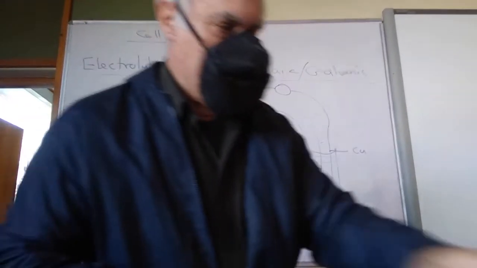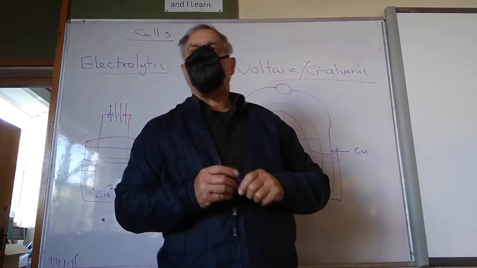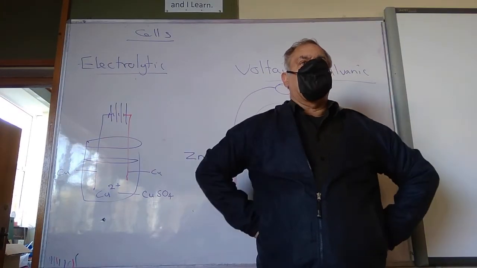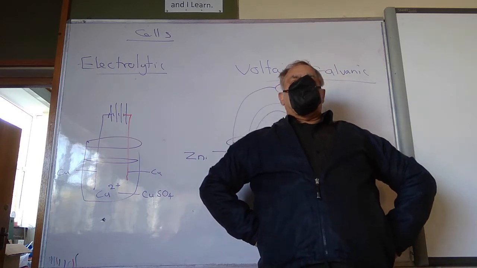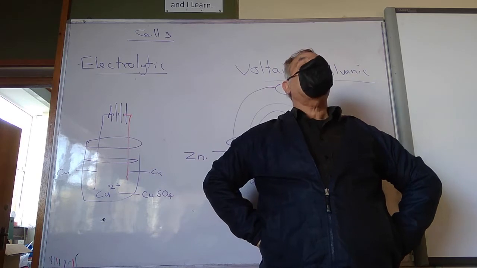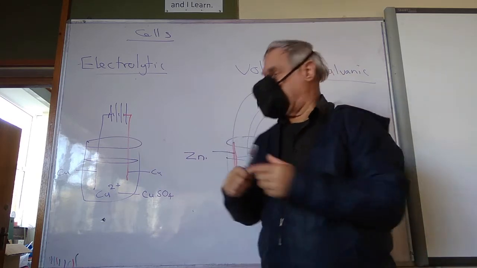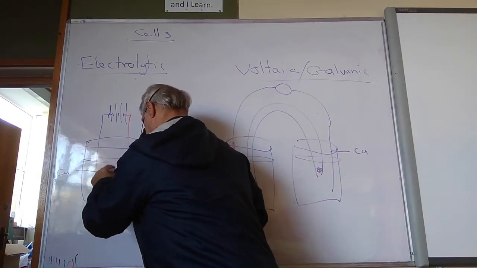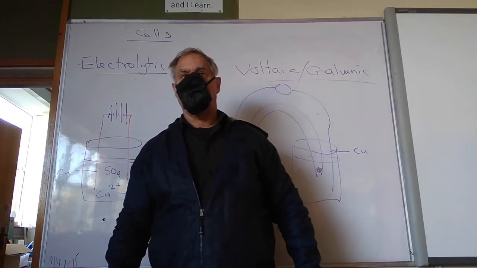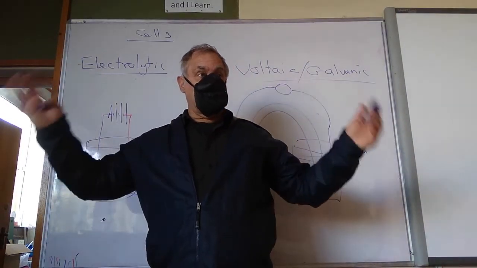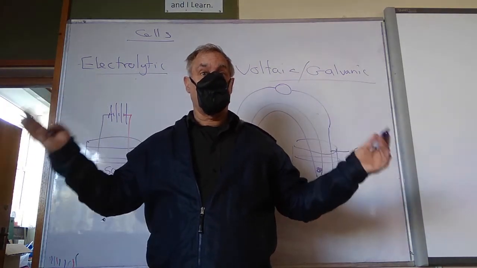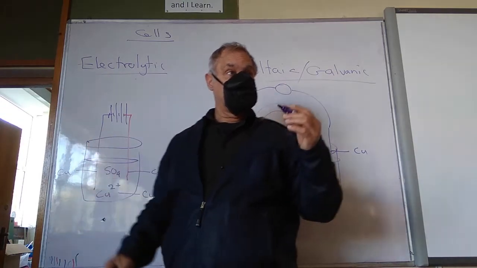Well done. Okay, and what other ions are there? When you see copper sulfate, you see copper ions and sulfate ions. Do you know what the sulfate ion is? SO4 2 minus.